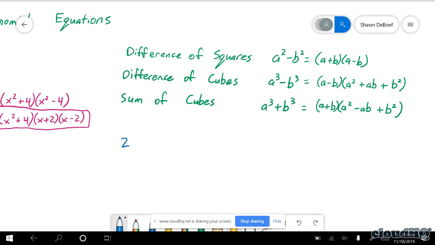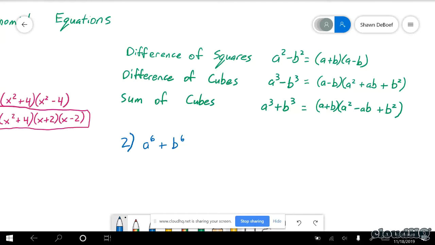So let's just jump down here. We'll start our second factoring problem right here. Let's try a to the sixth plus b to the sixth.